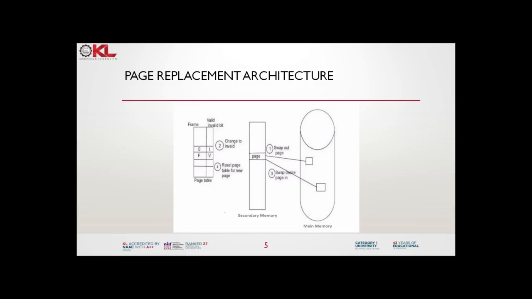When you replace one page from these frames to secondary memory, we call it swap out. So you have to understand this very clearly. Obviously the page table helps us to note down all the logs of the swapping with the help of page replacements.